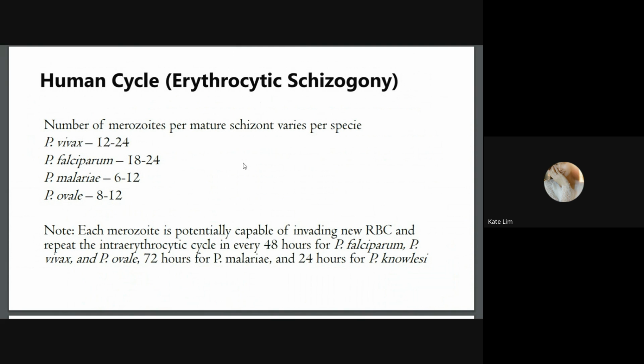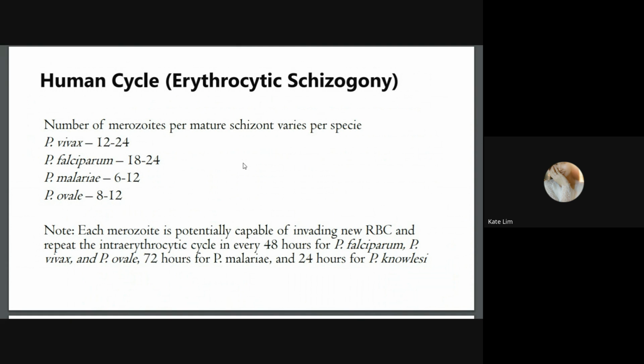Right? If you have remembered a while ago, we discussed the intraerythrocytic life cycle. Once the merozoites are released from the ruptured schizont, they invade new RBCs. This cycle repeats itself with the merozoites transforming into new trophozoites and eventually into schizonts again, leading to the reproduction of more merozoites.